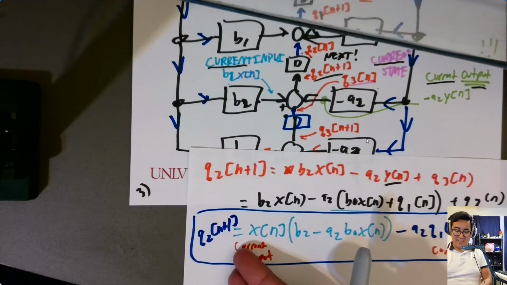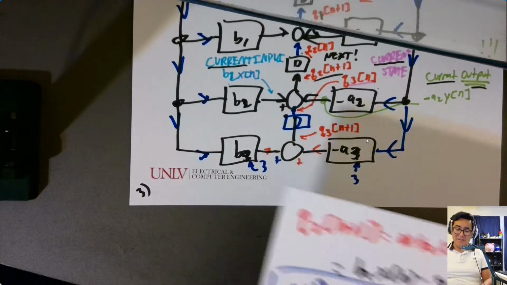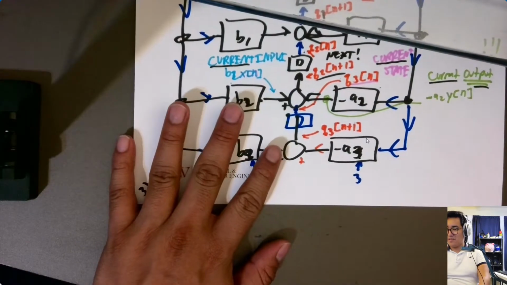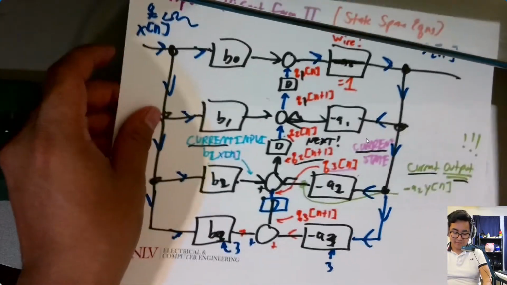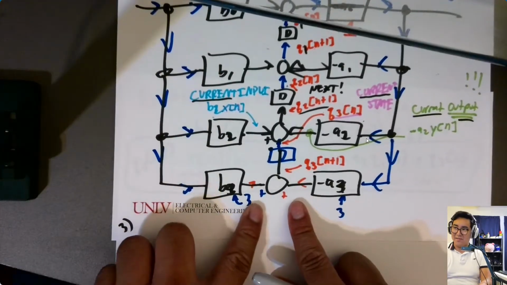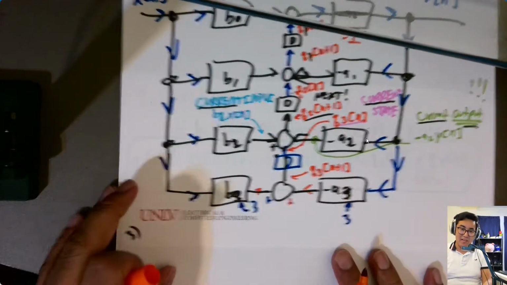So now we're done with this equation, and now we tackle the final portion, which I think we can write right here, this last one, q of 3 of n plus 1, our last next state.